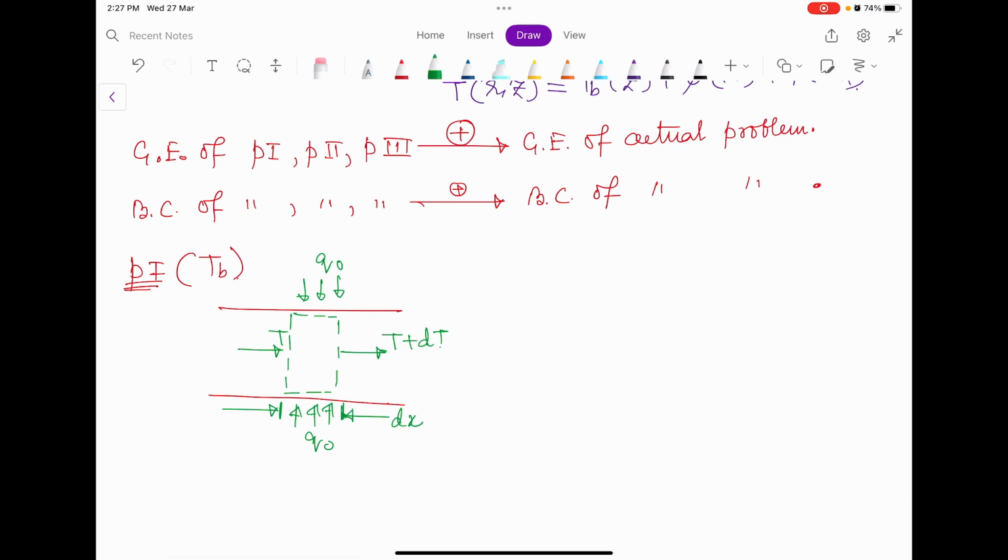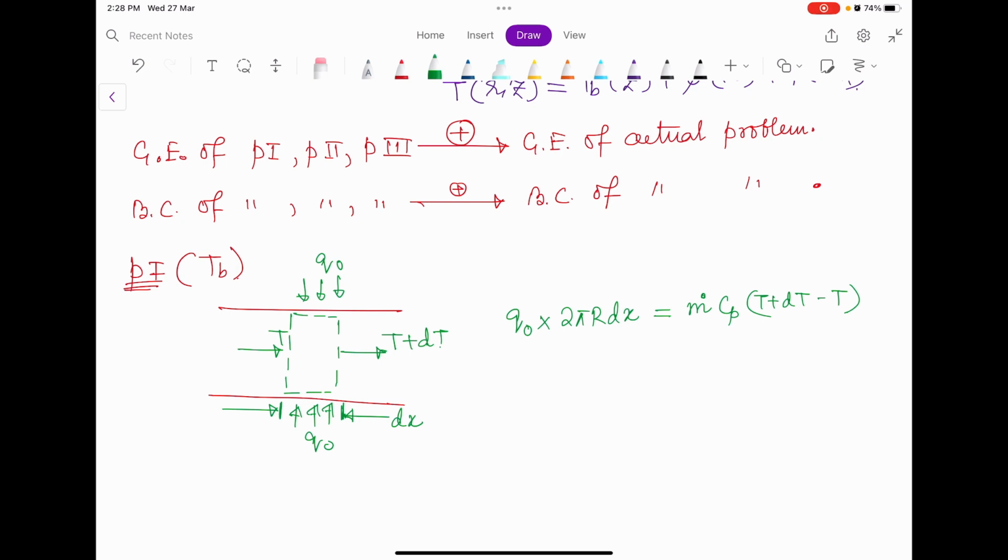If I apply an energy balance, energy entering is q naught times area, where area is 2 pi r times dz, and that is equal to the increase in enthalpy, m dot Cp times (T plus dT minus T).